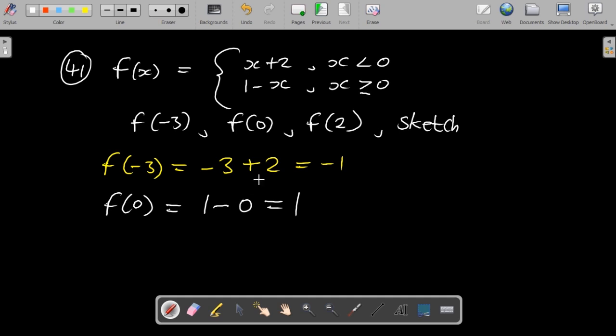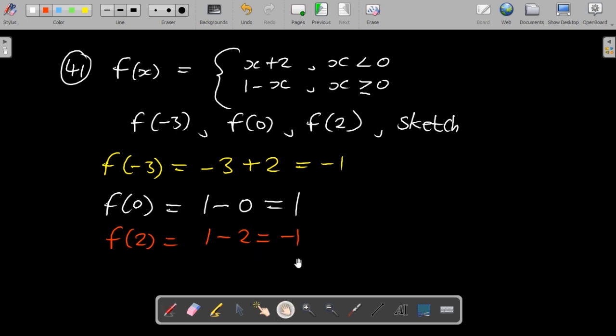Then the last one, f of 2, where x is greater than 0, falls in this section as well. So f of 2 would be 1 minus 2 equals minus 1. So these are the three answers for these x values, and we're now going to sketch.